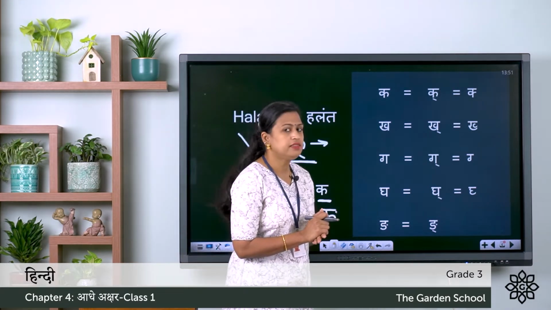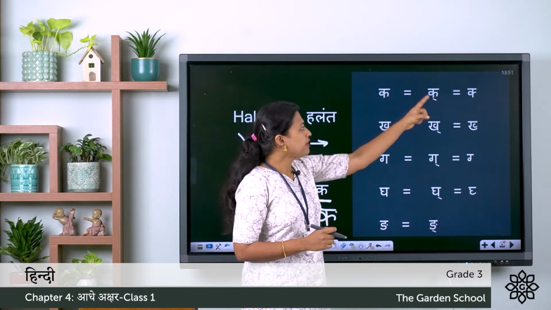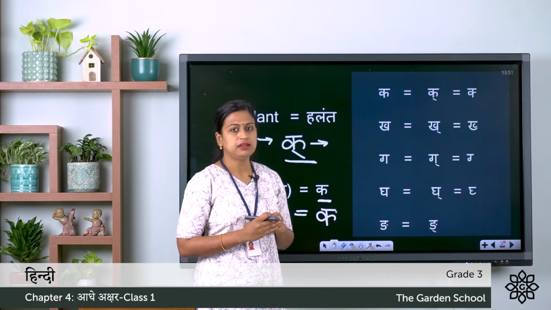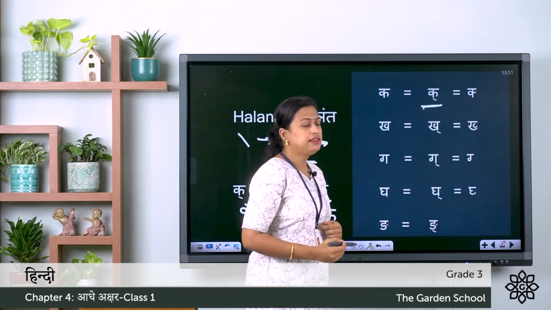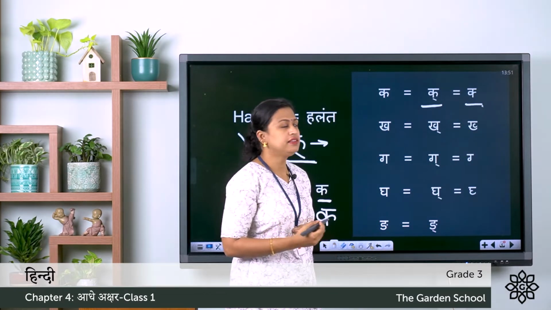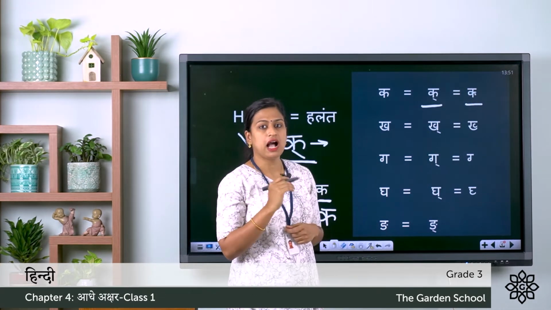The first one is Vyanjanakshar Ka. When we write this Ka with the halant symbol, that means this is half of Ka, and this is the way to write half of Ka. You can see there is no bend in the half letter Ka.